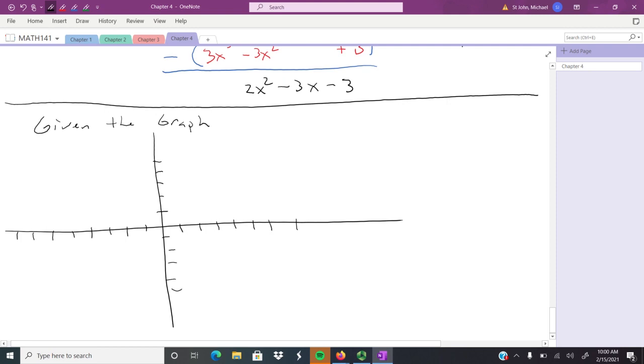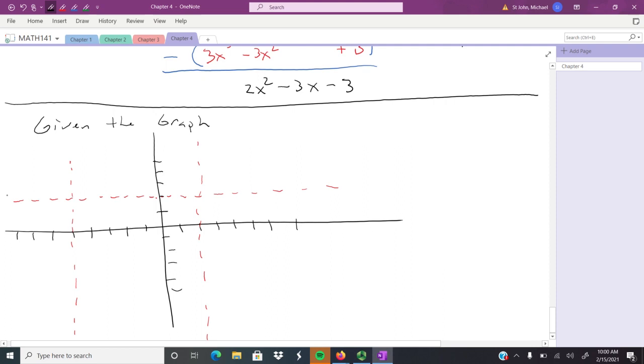Well, let's see. So we want to have a few asymptote lines in here. 1, 2, 3, 4, 5. So we got an asymptote line going here. We have another one going here. We have one going here. Going this way, right? Got all my asymptote lines in. Now let's draw in the various curves.